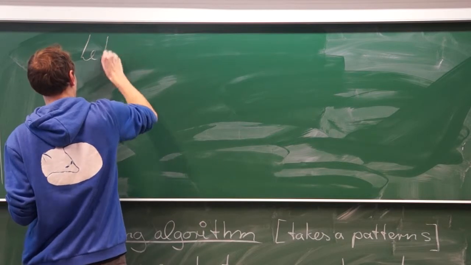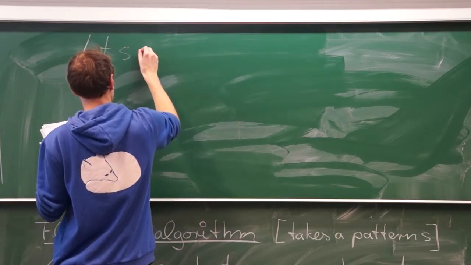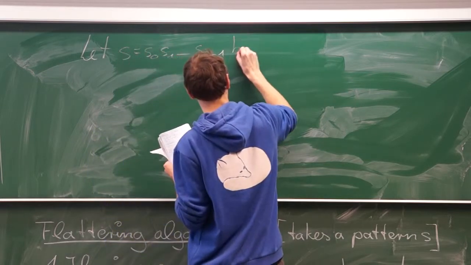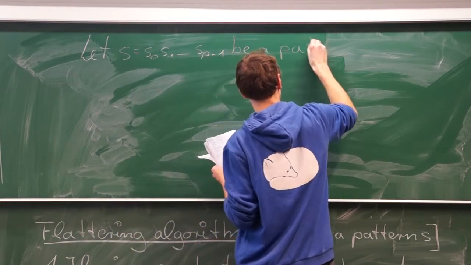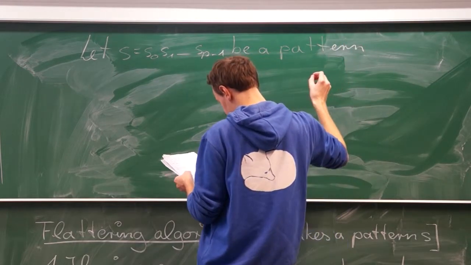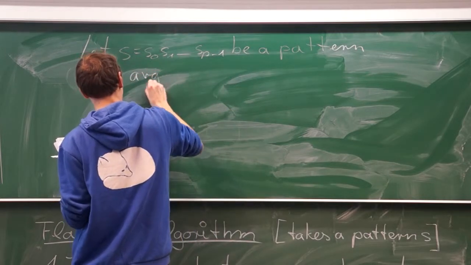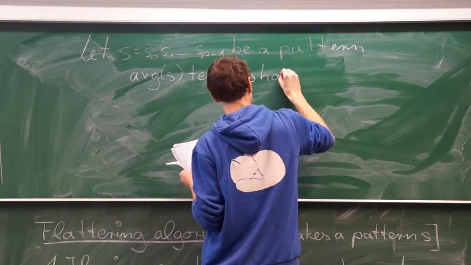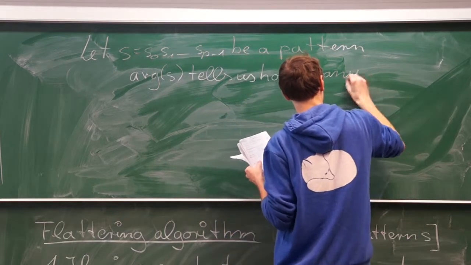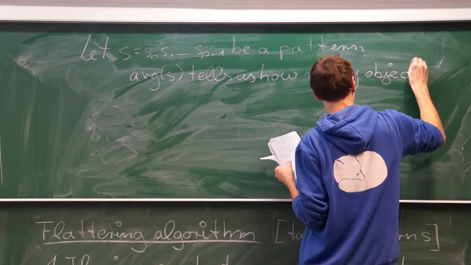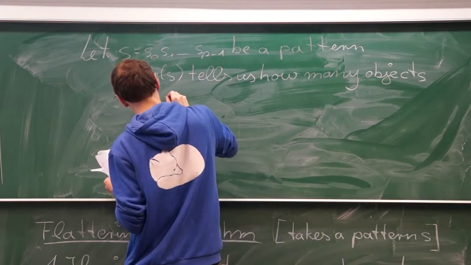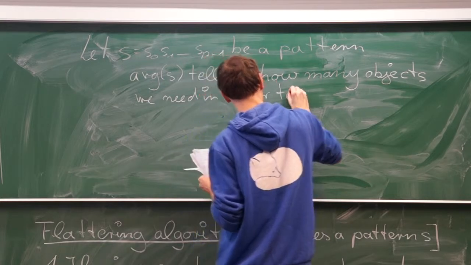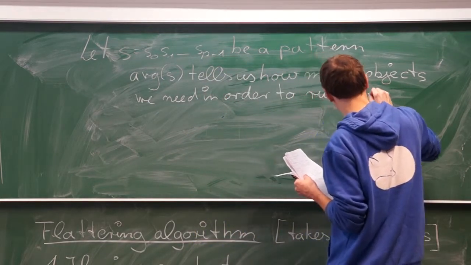We say that S, until p minus 1, so it's period p, the average of S tells us how many objects we need in order to run this pattern all the time.